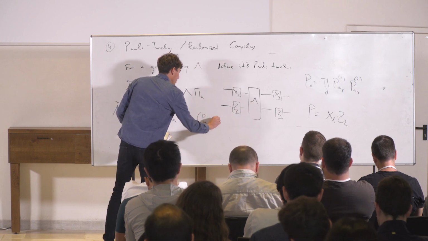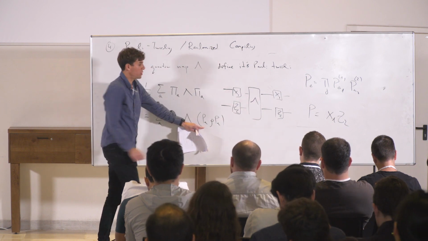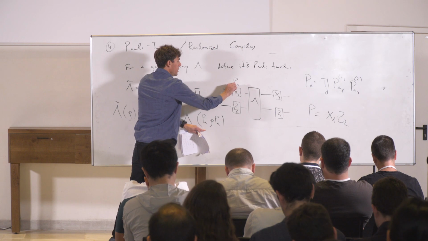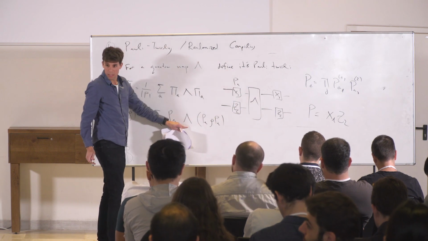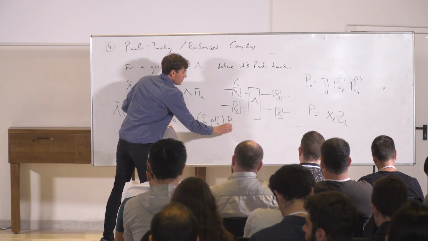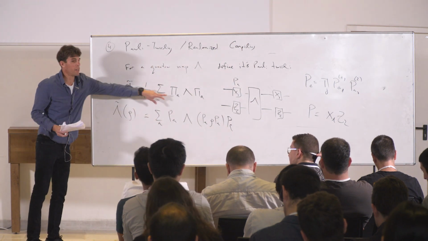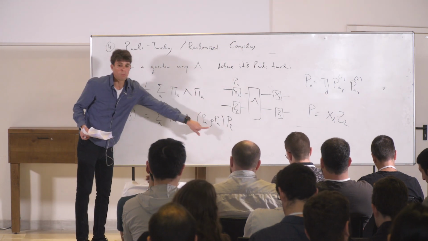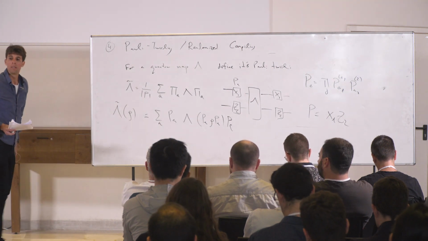I'm first acting with my P, my first P, P_A, on rho, then acting with the channel, and then acting with P_A again. So these two things are equivalent. This is why I use the notation pi here, because pi is the super operator corresponding to a conjugation. Is this clear?